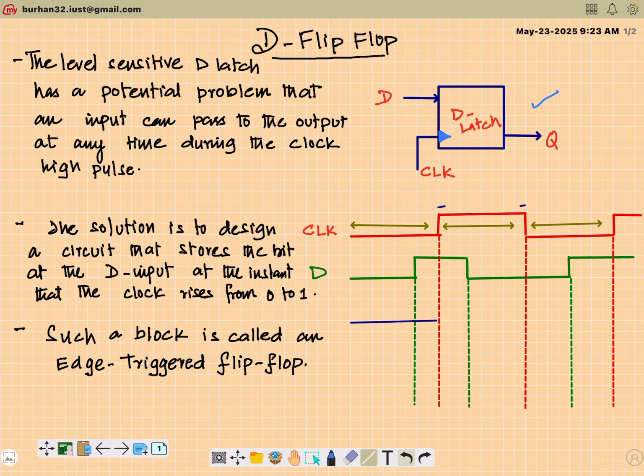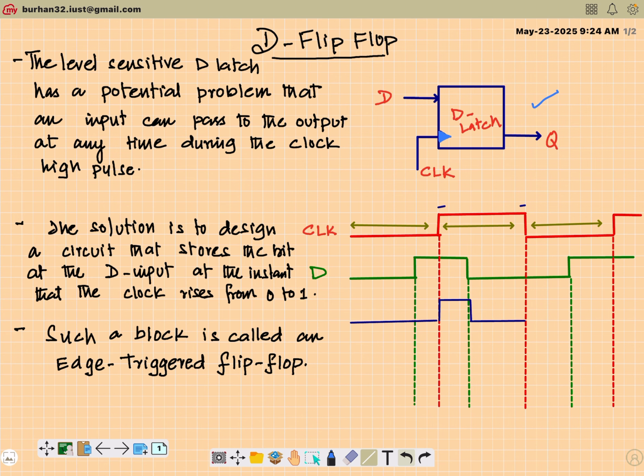And in this duration, whatever happens at the D input will be transmitted to the Q output. Now see what happens here: initially, up to this instant, it goes high, so my output will follow suit. Then again during the same clock pulse it goes low, so it will fall. Of course with some gate delays, I'm neglecting that.